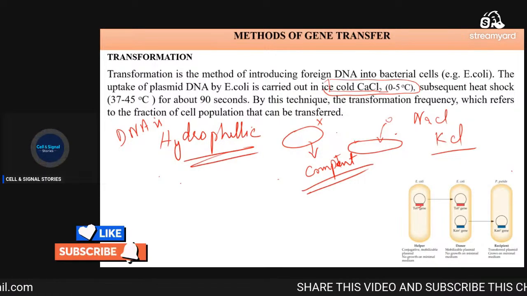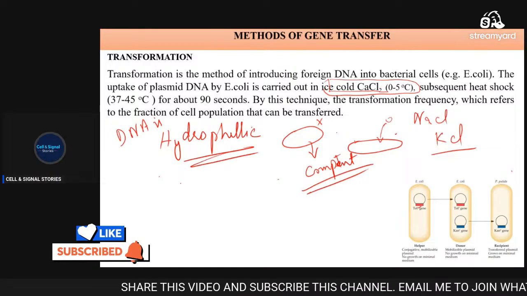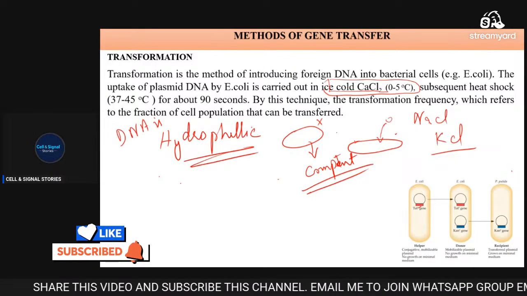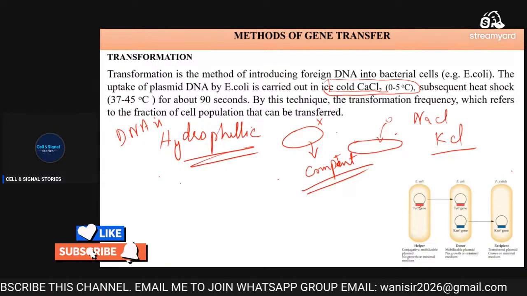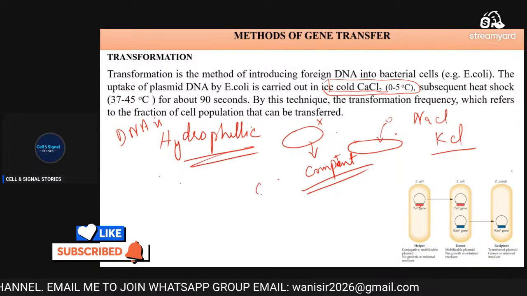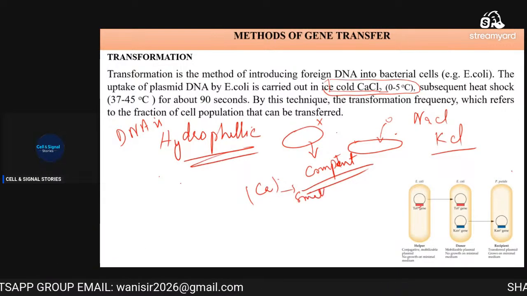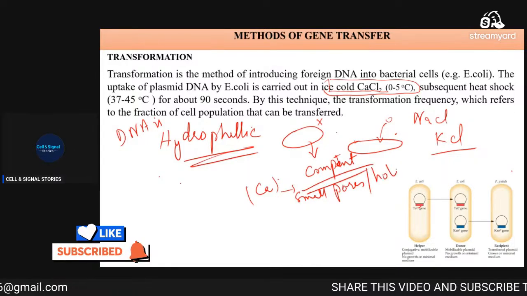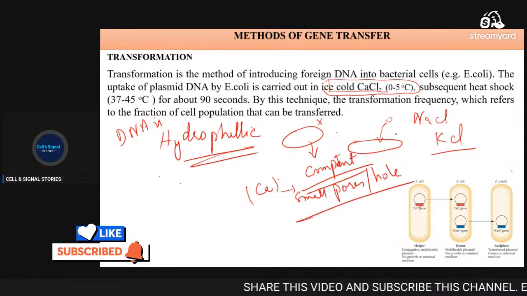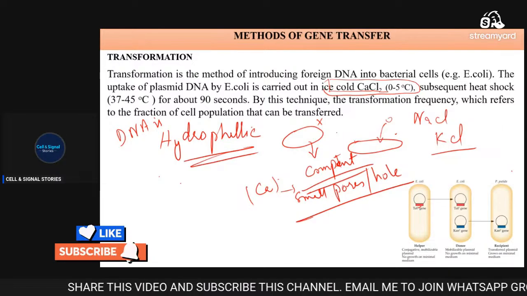This can be achieved by making small holes in the bacterial cell by suspending them in a solution containing a high concentration of calcium. That is why we use calcium. It makes small pores or holes, so that the hydrophilic DNA can enter into the bacterial cell.